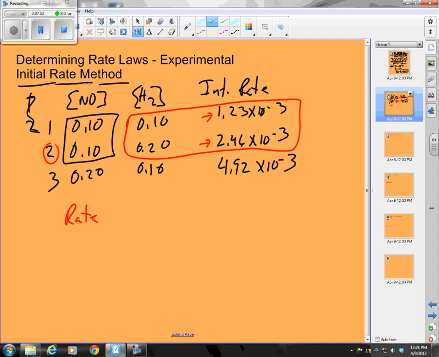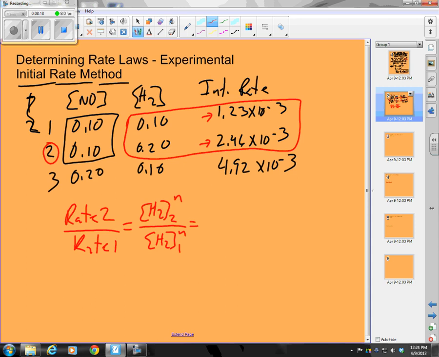So I'm going to say the rate of experiment 2 over the rate of experiment 1 is equal to, and we have to be consistent, the concentration of H2 in experiment 2 to the N over the concentration of H2 in experiment 1 to the N. Got it? Then I would plug in these numbers.